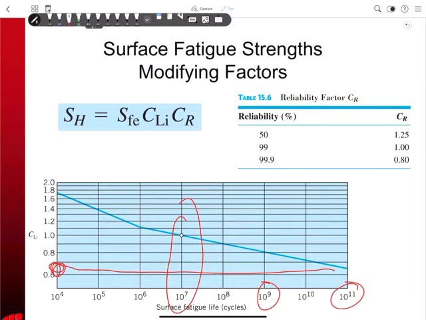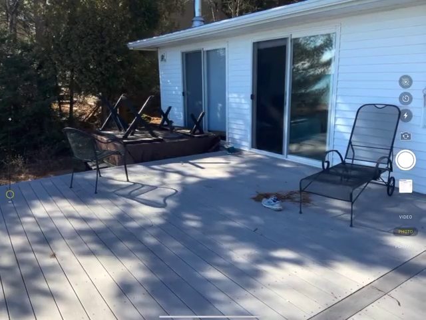Likewise, if I want higher reliability, that also reduces my surface fatigue strength. So it's amazing that these cars or artificial hips just don't last that long, right?